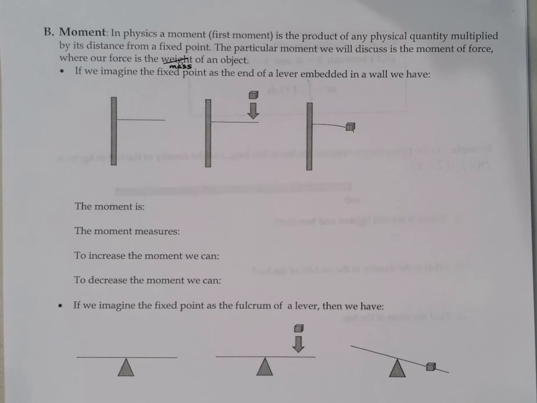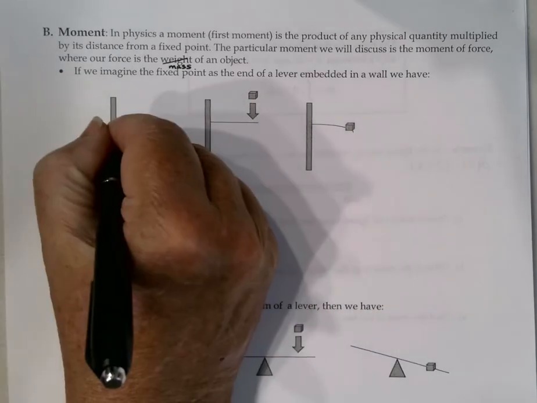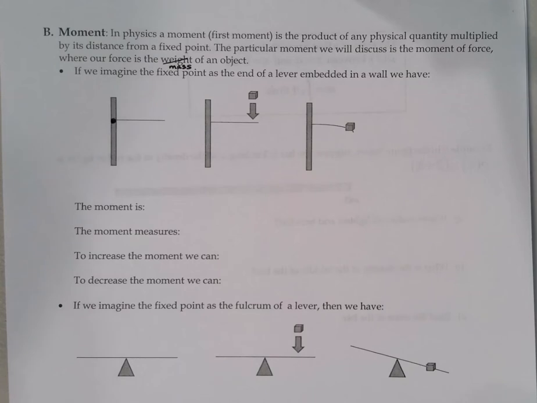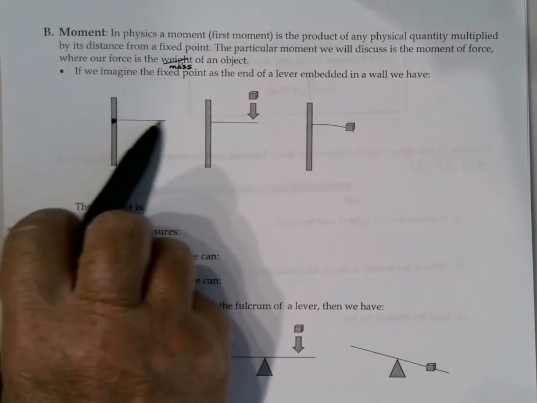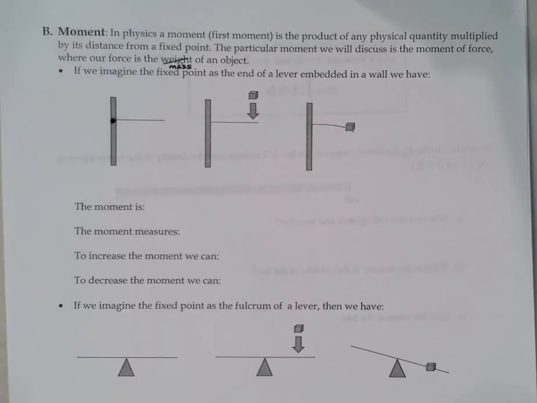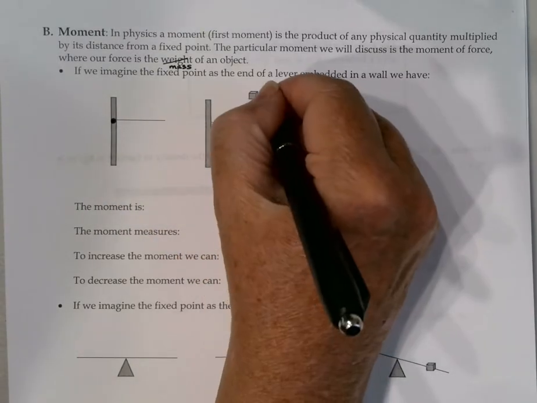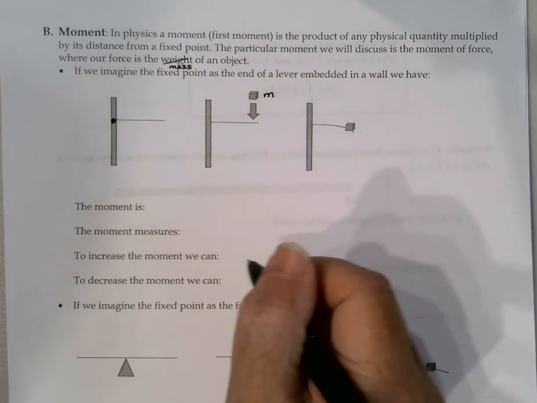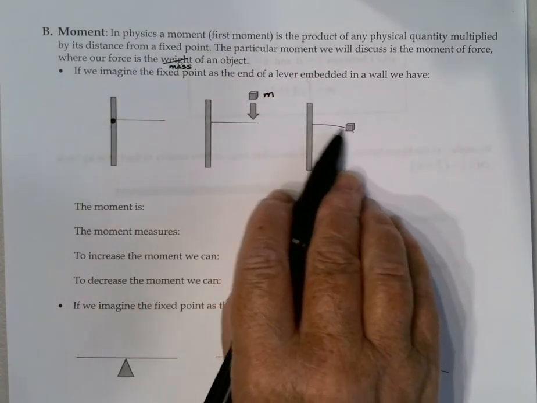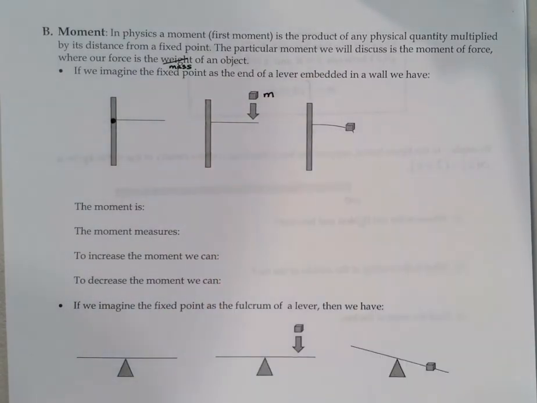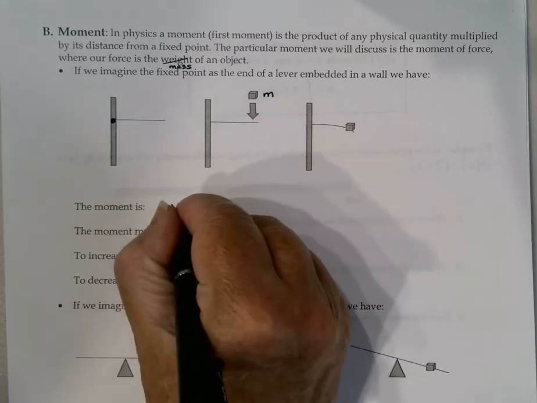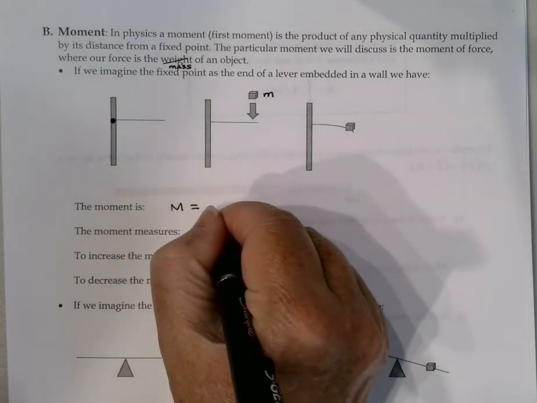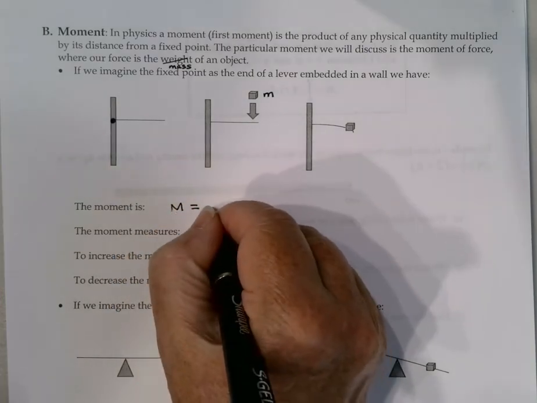All right, let's imagine the fixed point as the end of a lever here embedded in a wall. So this is kind of like a board stuck in concrete or something like that. And if you apply this mass M at the end of the board, if your board's flexible enough, it's going to bend it a little bit. And the moment is defined as the mass times the distance from the fulcrum.